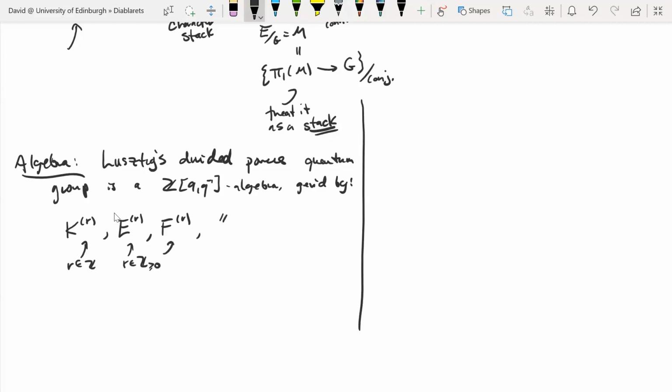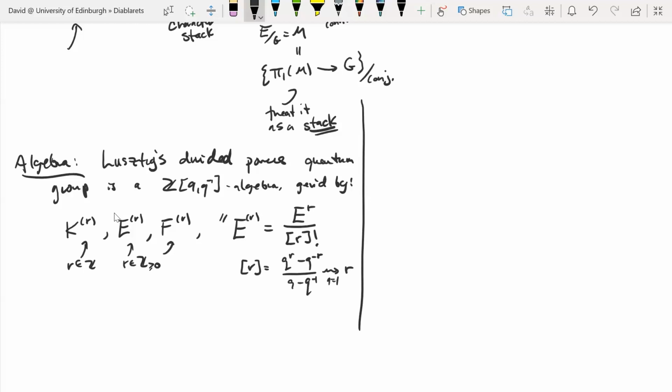Okay, and what you should think in the formulas that I'm going to give you is that e to the r in parentheses is the usual power e to the r divided by the quantum r factorial, where quantum r is q to the r minus q to the minus r over q minus q inverse, this number that becomes r when q equals 1.